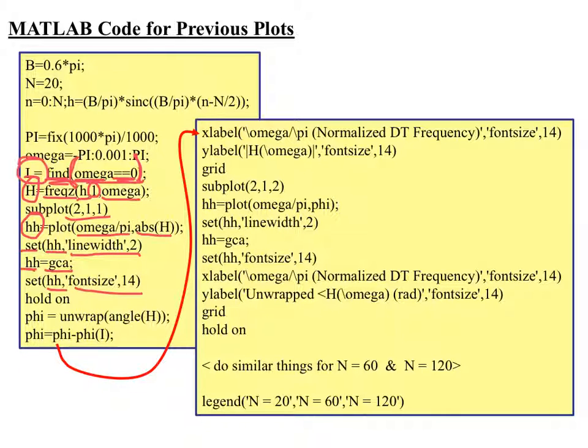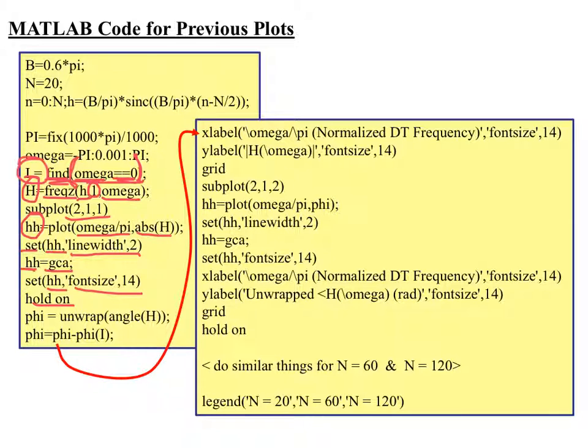So you can do all this inside your code. Then I do a hold on so that when I do a subsequent plot for my other filter lengths, length 61 and length 121, I'll put this right on top. So I'll have 3 magnitude plots on top of each other, and then 3 phase plots on top of each other on the next one.